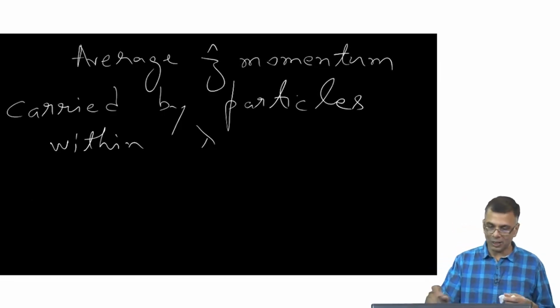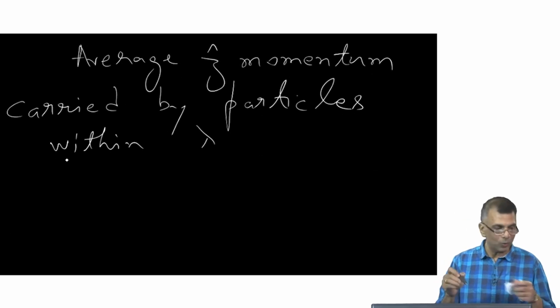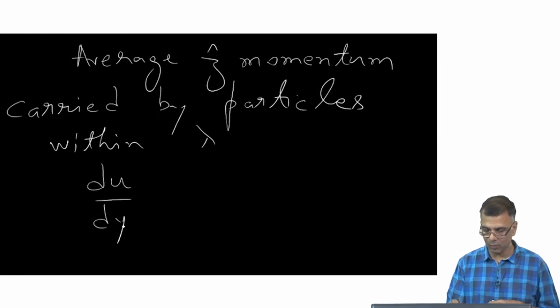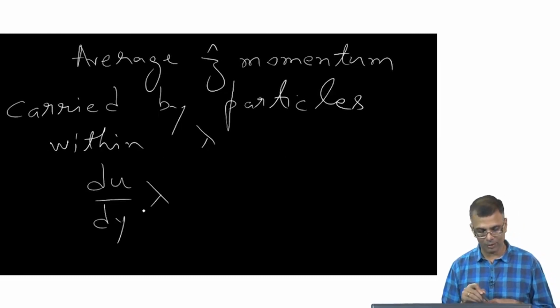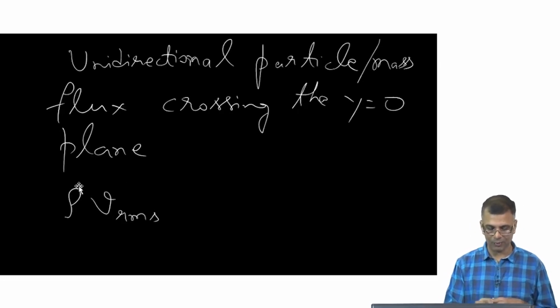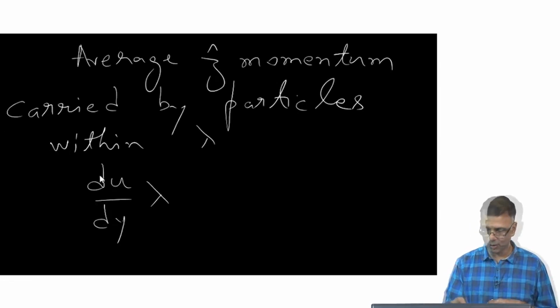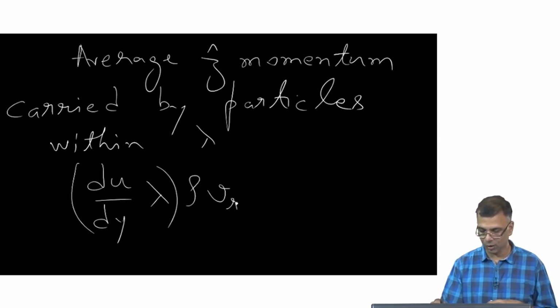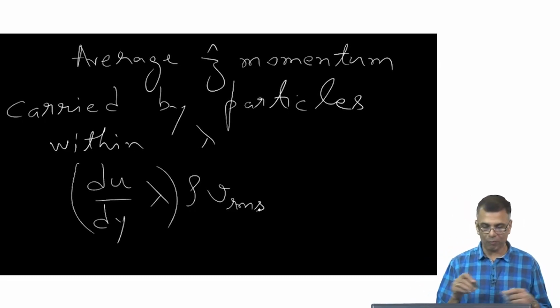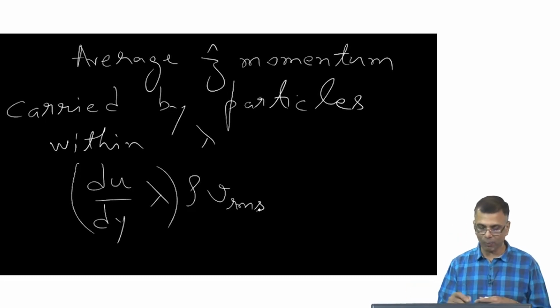So the average z momentum carried by particles within one mean free path is something like du dy times lambda. Okay. So you multiply that with this, right? So you have this times rho times VRMS. Okay. And because you have particles going on both sides of the plane, you have a factor 2.